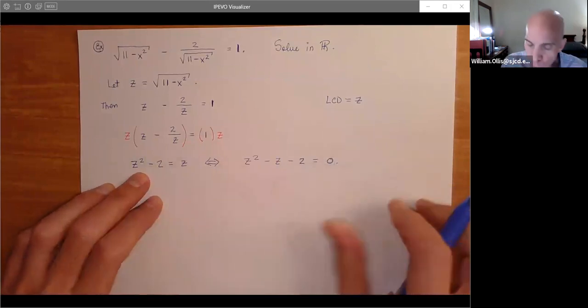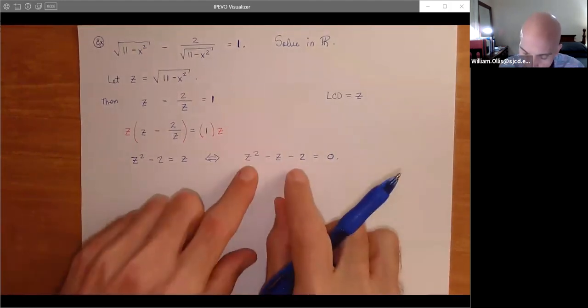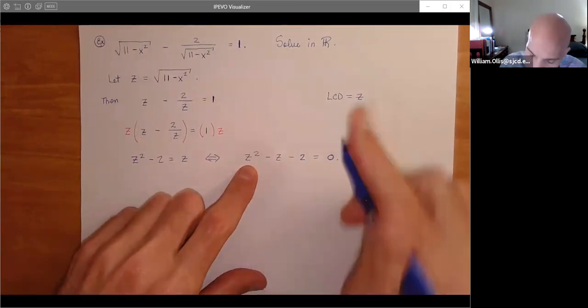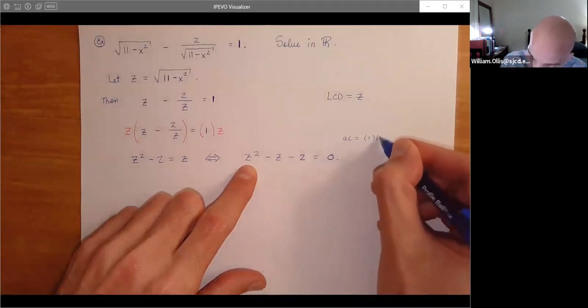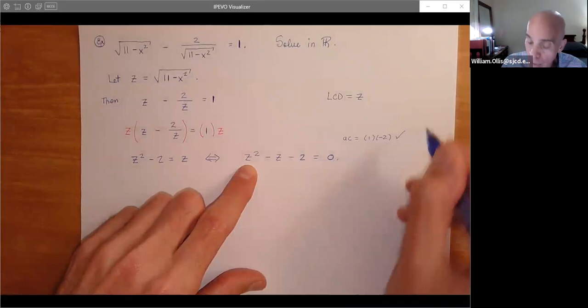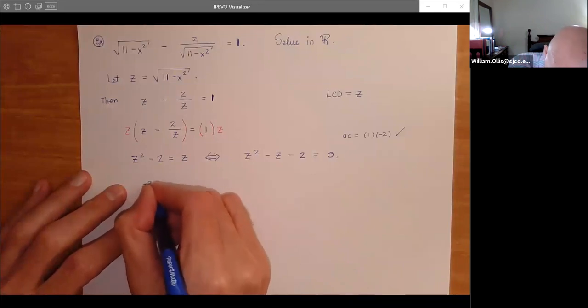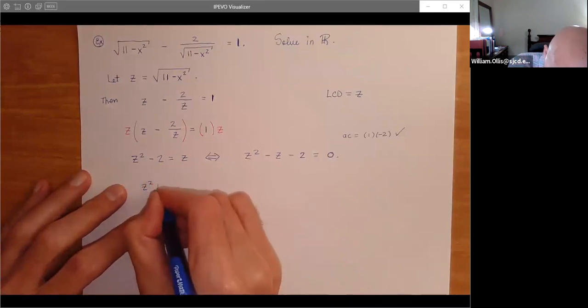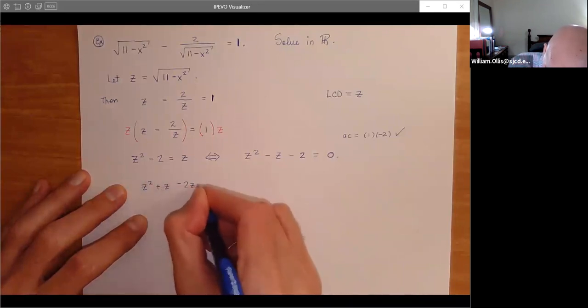So I thought these were interesting equations that do come up in mathematics and science, but maybe don't come up all the time when you're just thinking about math in general. But now you can see AC works, because if we do AC, this is just 1 times the negative 2, and that's a go, because 1 plus negative 2 equals negative 1. So now this gives us z squared plus z minus 2z minus 2.